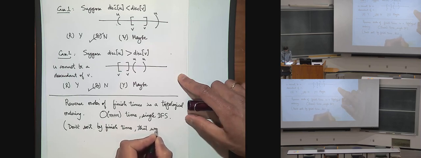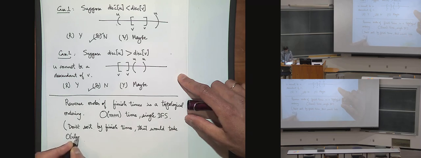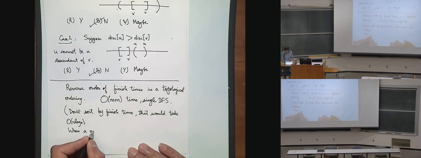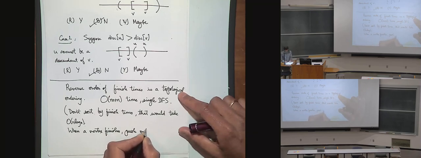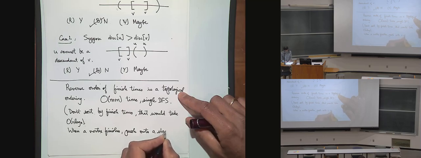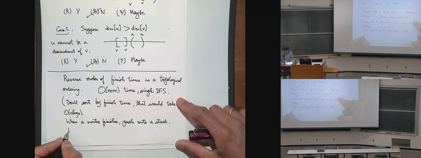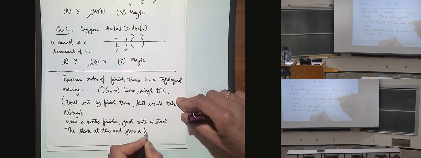That would take O of n log n. Instead, when a vertex finishes, you push onto a stack, and then the stack at the end gives a topological ordering.